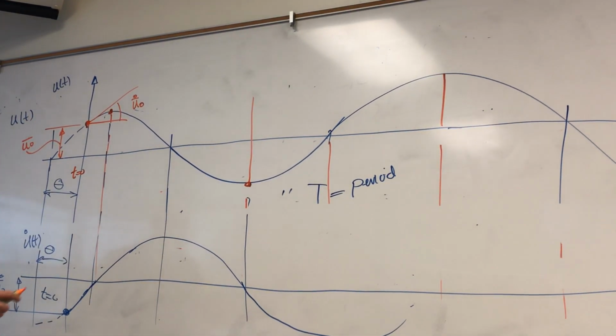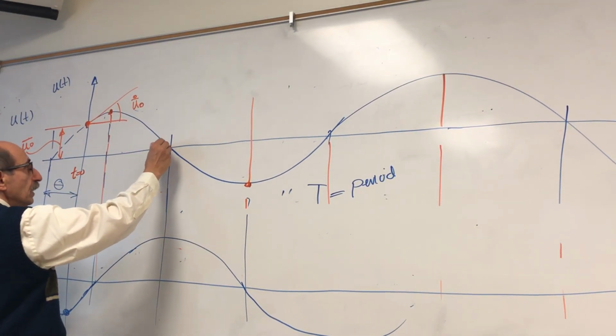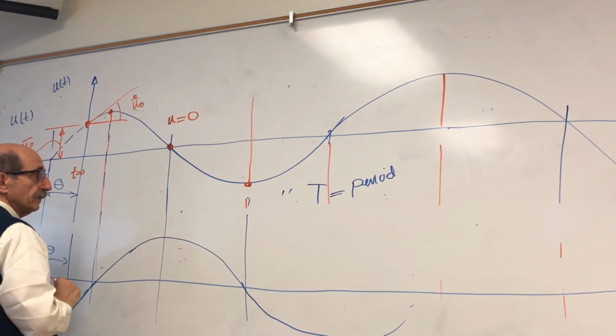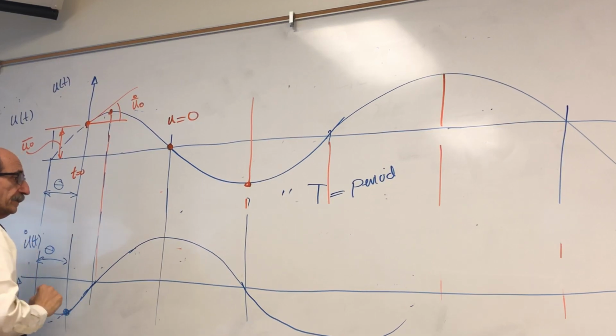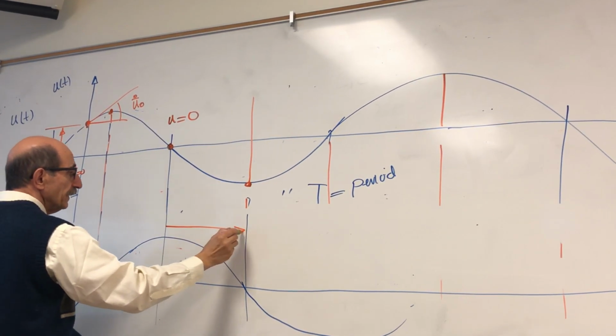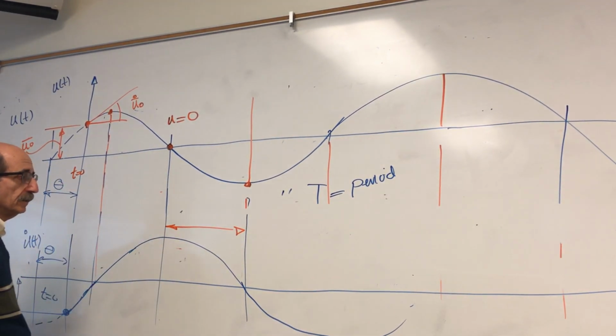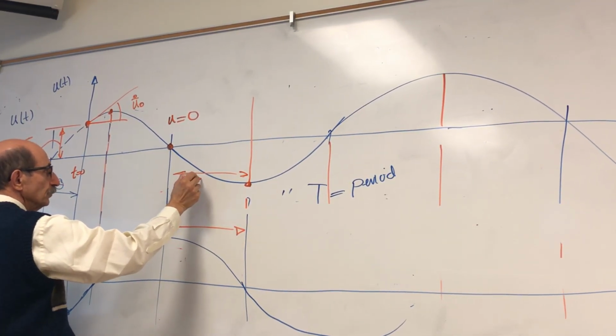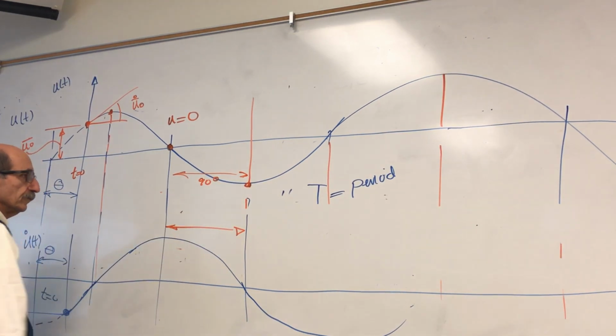In other words, for instance, what this curve tells you is that when the displacement goes to 0, it takes a time. This is 90 degrees or pi over 2, whichever you consider.